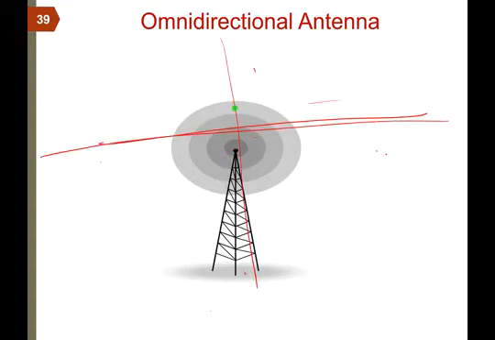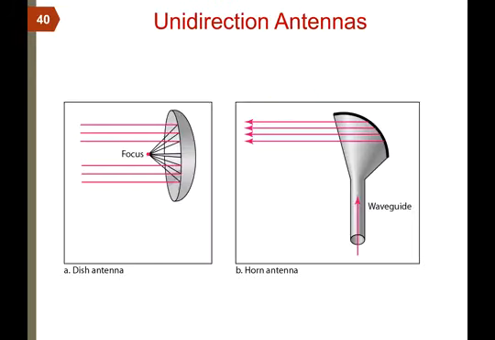Normally they'll have loops like this. You've studied propagation, so the signal here will not be the same as the signal here, but we are speaking about the horizontal plane. We have also directional antennas, unidirectional.